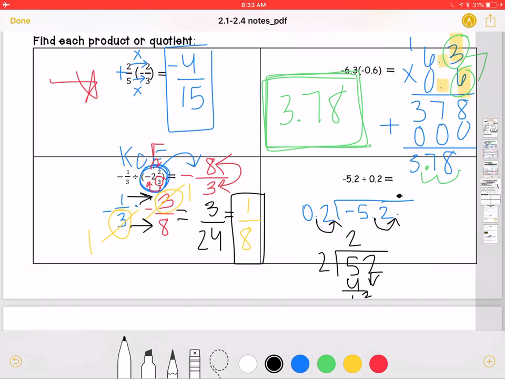How many times can 2 go into 12? 6. Now remember, your decimal is at the end. It should be right up here. Don't forget about that. And 2 times 6 is 12. So that would make that a 0 for me. Now pay attention to your sign.